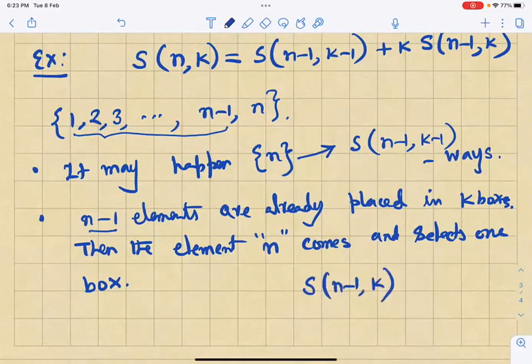And the nth element has k options, as Nilabja correctly said. So it is k times this. So these are the two possibilities, and S(n,k) adds up to these two things.